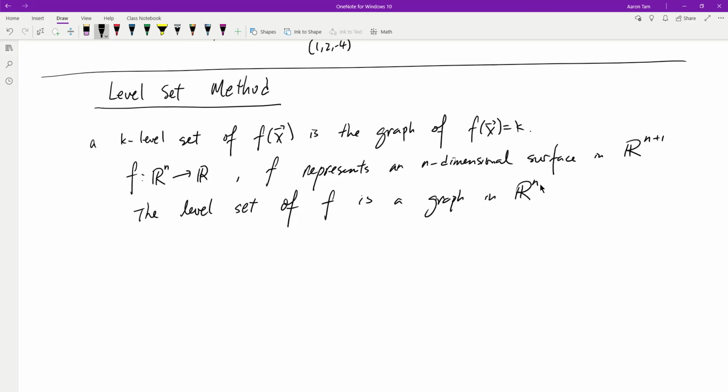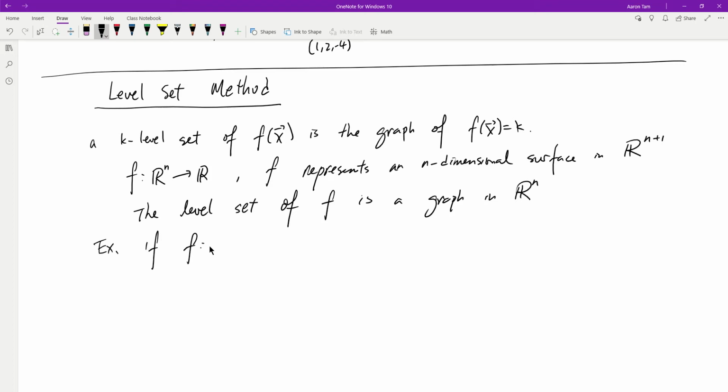Because the reason why f represent a surface in R^(n+1) is that you have n independent variables plus 1 dependent variable, and therefore that gives you n+1 variables total. But a level set doesn't have an output variable. The output is actually fixed as a constant. Therefore, you no longer have the plus 1 dimension that you have to worry about.